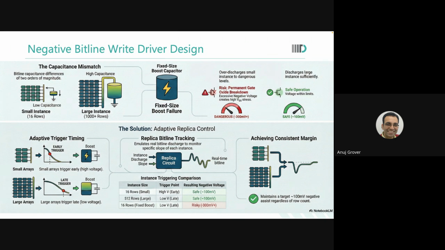When I trigger the negative bit line circuit for a small capacitance earlier, what I'm essentially doing is I have not yet emptied this tank. This tank is still having some charge on it. And when I turn this on, this charge also goes here, and my total negative bit line is maintained within, let us say, minus 100 millivolts or minus 200 millivolts, whatever was my specification.